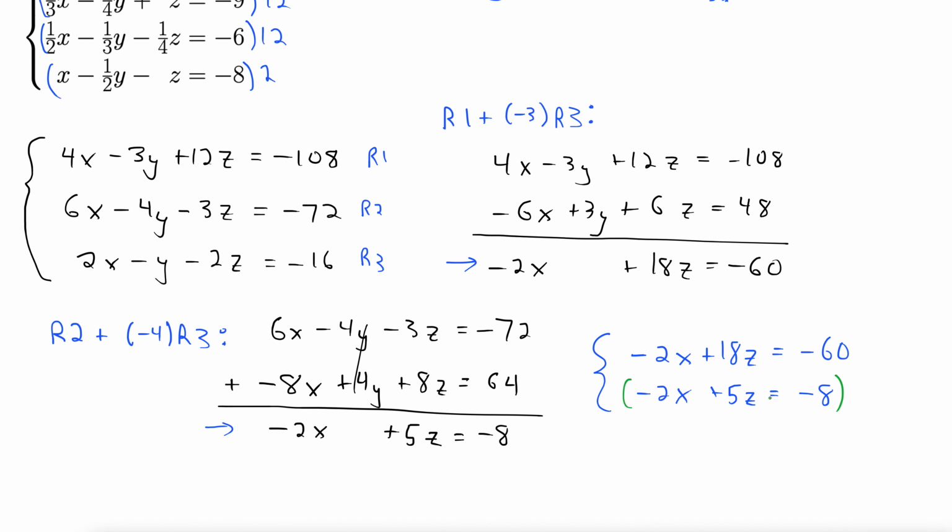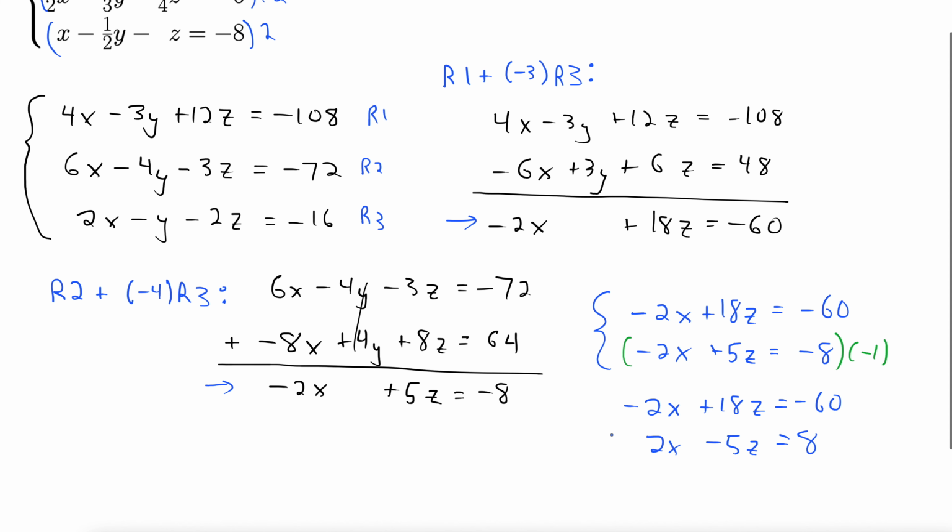I'm going to multiply this bottom row by negative 1, and then our x's will cancel right out. So doing that gives us negative 2x plus 18z equals negative 60, and then below that we have 2x minus 5z equals positive 8.